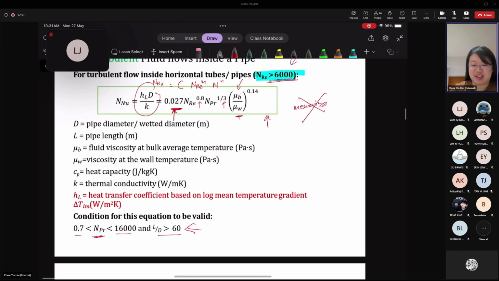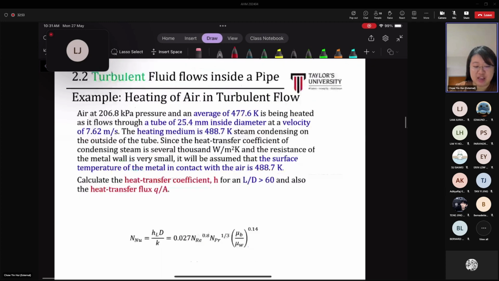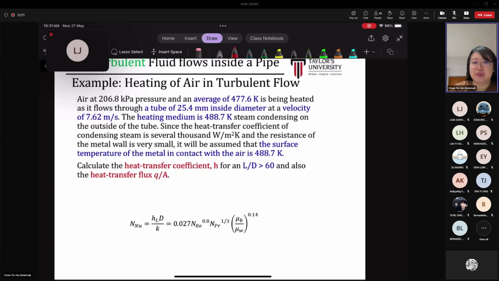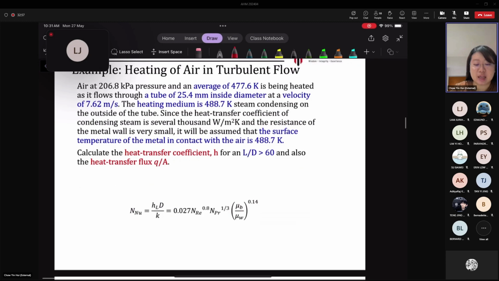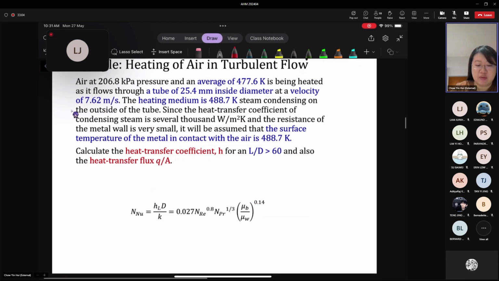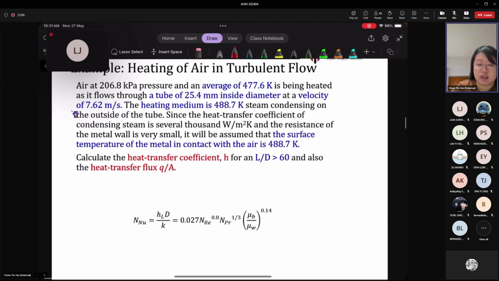Now let's try out this example, then perhaps you can understand better how we should apply the correlation. Let's say we have heating of air in turbulent flow.